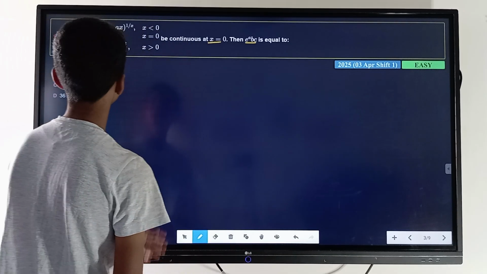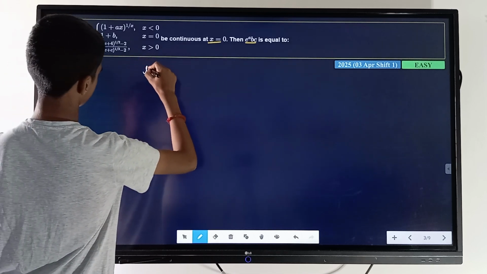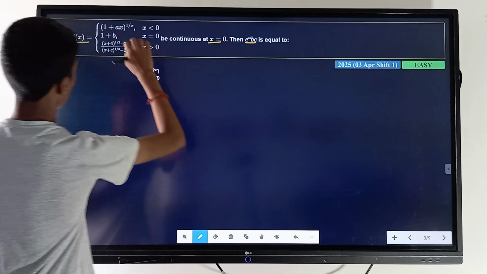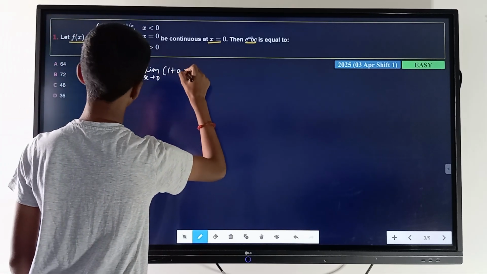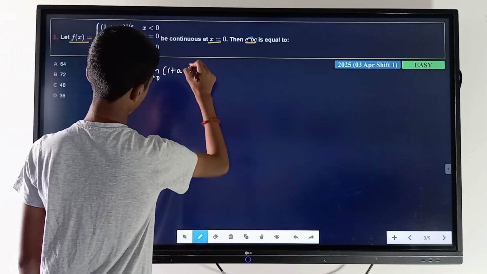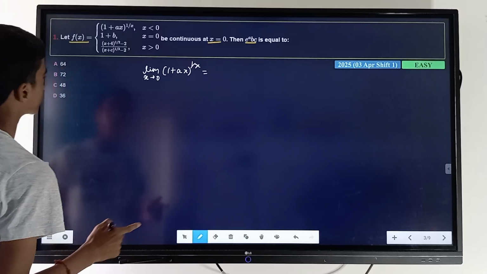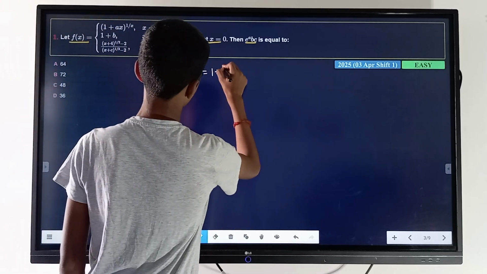Now for this function to be continuous, our limit x tends to 0 of (1 plus ax) whole raised to power 1 upon x should be equal to the value for the function at x is equal to 0, 1 plus b.